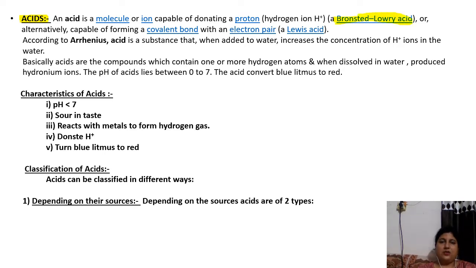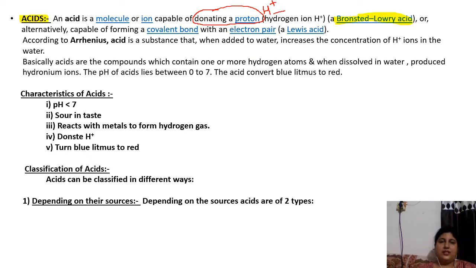According to Bronsted and Lowry, acids are the substances which are capable of donating a proton. Proton means H+ ion. We all know very well that H+ ion is also known as proton. So according to the Bronsted-Lowry concept, acids are the molecules or ions which can donate a proton, that means H+ ion.